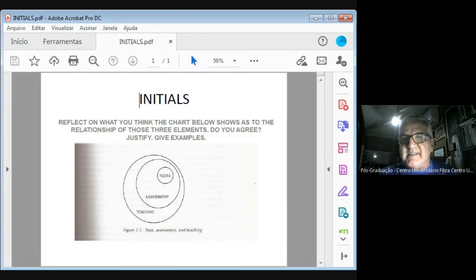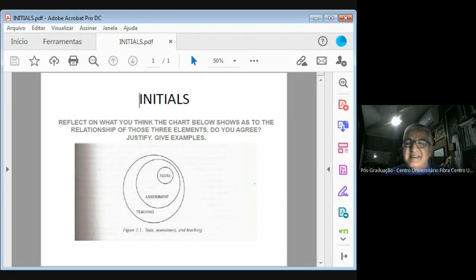We usually say that diagnostic, formative, and summative evaluation is also the same as diagnostic, formative, and summative assessment. What's the difference?